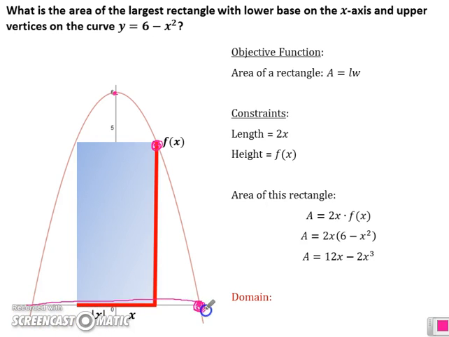So if this point is right here, then that means this is 0. And if that's 0, then x is equal to the square root of 6. And again, it's positive because we're talking about the largest it could be. So our domain would be between 0 and the square root of 6.